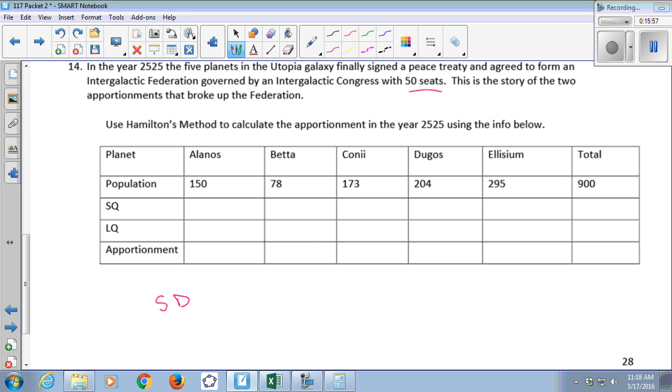So standard divisor, total population divided by the number of seats, that should be 18. Okay.